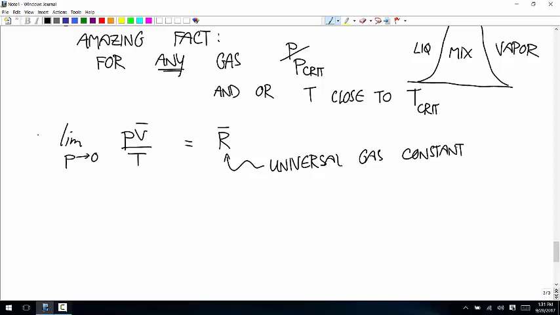But if you think of the way liquids expand as you put energy into them, they don't expand very much. That's why we made that incompressible assumption, but they expand as you put energy into them. And you can quantify how much they expand.